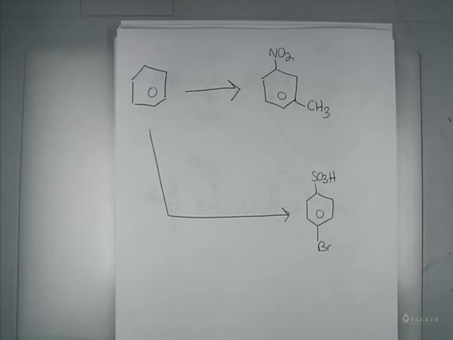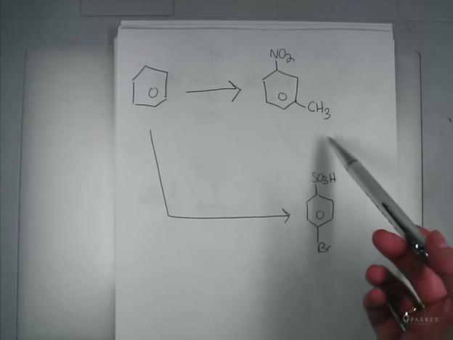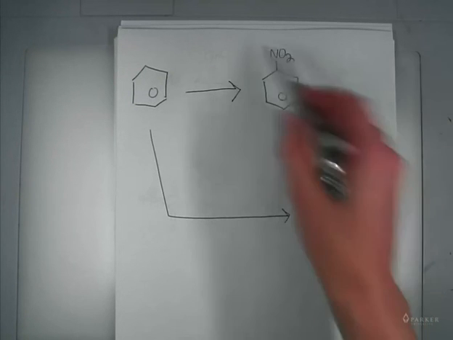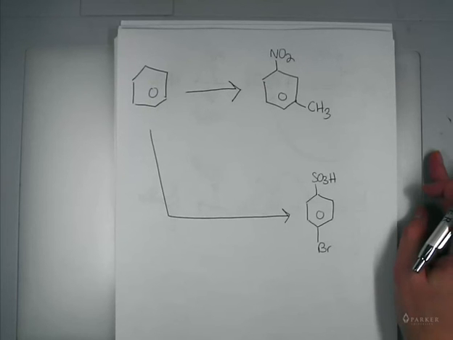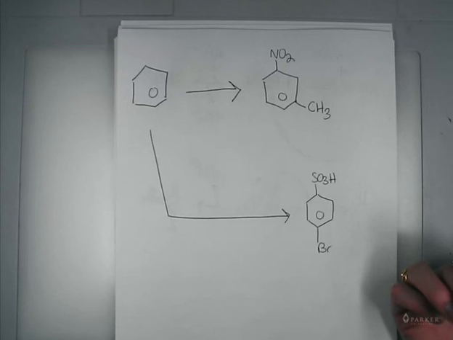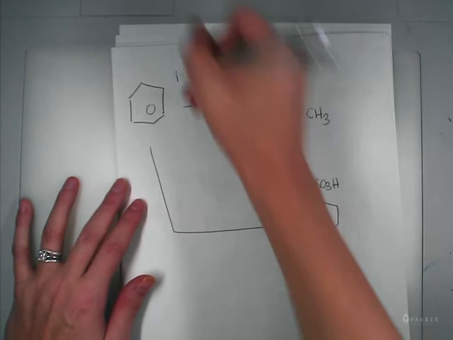All right, let's look at these. The first one, what is the relationship between the two? Meta. So between the two branches off of there, which one's a meta director? The top one. So which group do I put on first? NO2. How do I put NO2 on there?